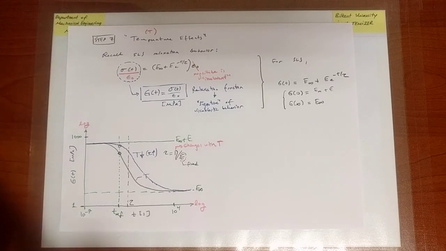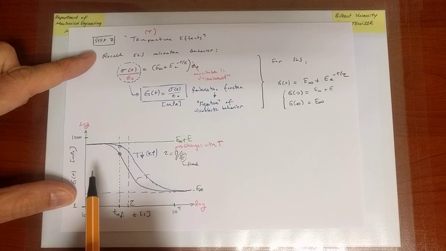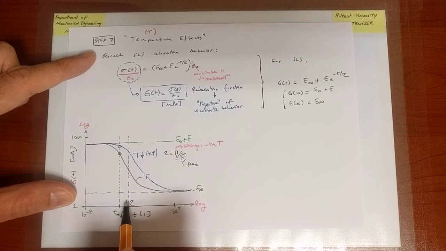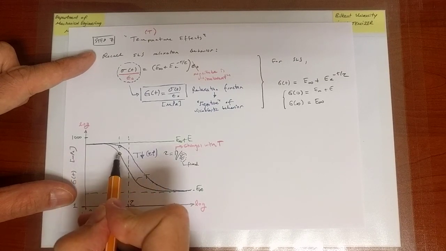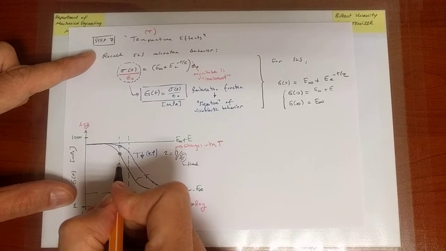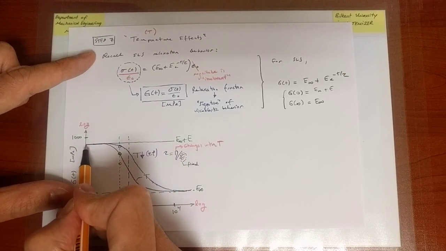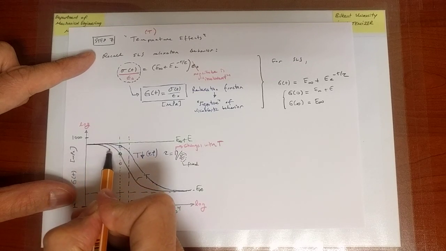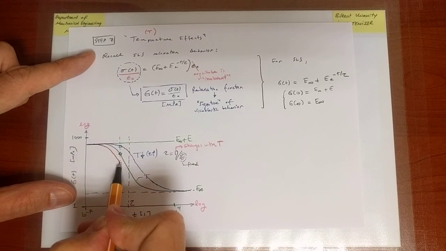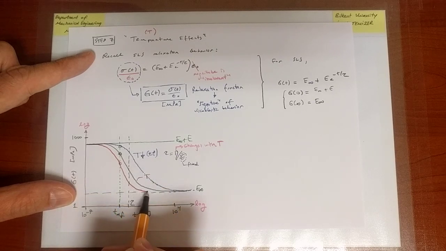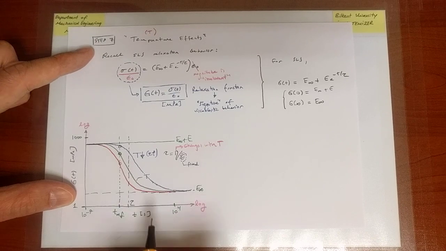So likewise, if you now increase the temperature, the material's characteristic response time is going to shift left, so it's going to respond much faster. So at a given time, the amount of decrease in the relaxation function will be more, and therefore if I draw the same curve, it's going to look shifted to the left.